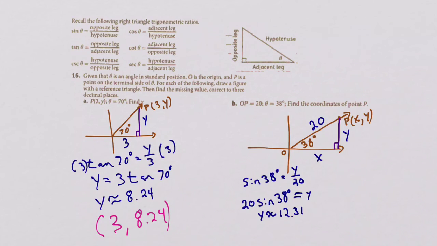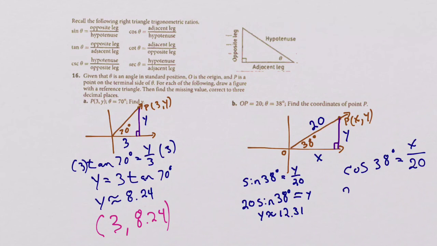To find my x value, the x value is adjacent. And what's nice is on the unit circle, cosine is my actual x value. And if you look at the ratios over here, it says that cosine itself is adjacent over hypotenuse. And in fact, that's what we're looking to find anyway. So here we go. We're going to do cosine of 38 degrees equals x over your hypotenuse, which is 20.